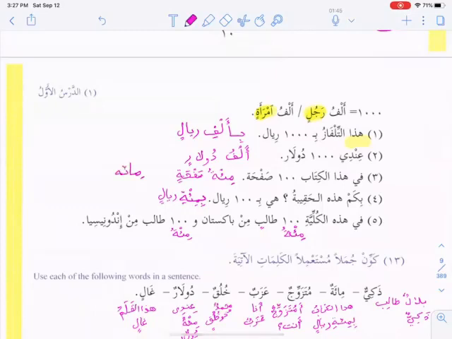Miyatu safhatin. Safhatin. Same way, it will become hadhil hakibatu, here it should be miyati riyalin. So I think I made an error. Forgive me, my brothers and sisters.